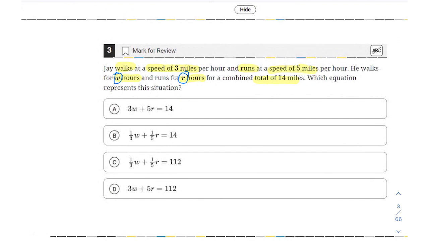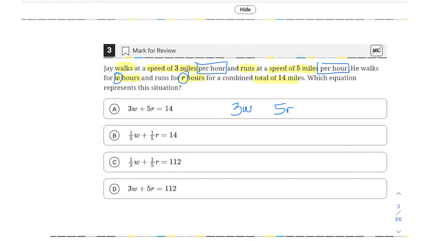So here, hopefully as we're reading through this, we say, okay, well, for my total miles, if I'm going 3 miles per hour, then that would be 3 times however many hours I walk. So 3 times W. And if I'm going at 5 miles per hour when running, then that would be 5 times the number of hours that I run.